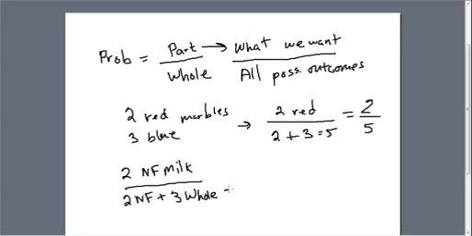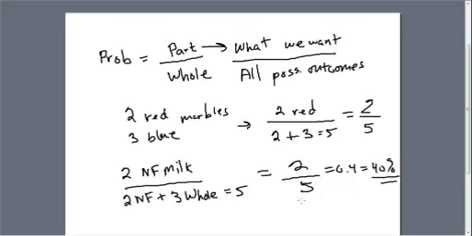So that's a total of 5. So much like this simple problem, we have a probability of 2 over 5. If you take that fraction and turn it into a decimal, you get 0.4, which equals 40%.